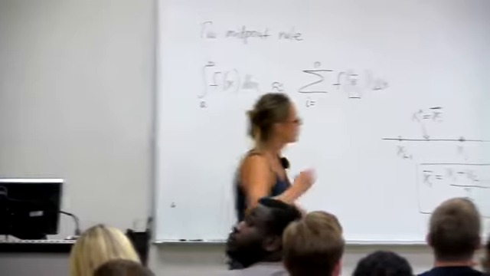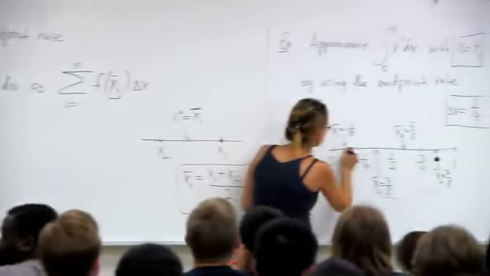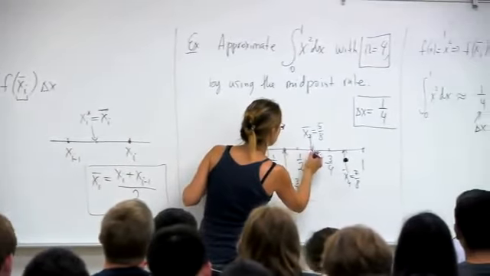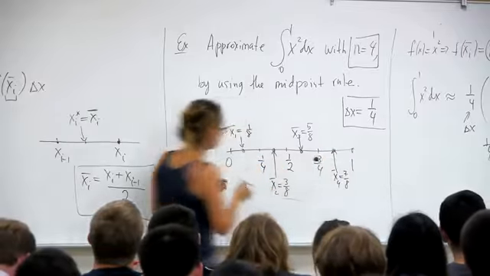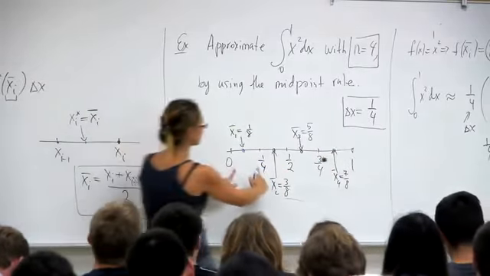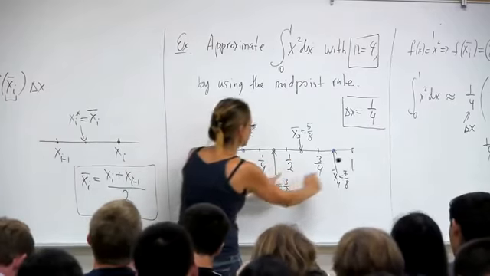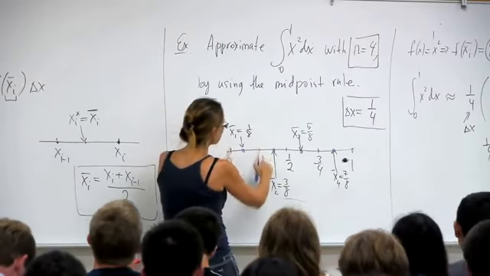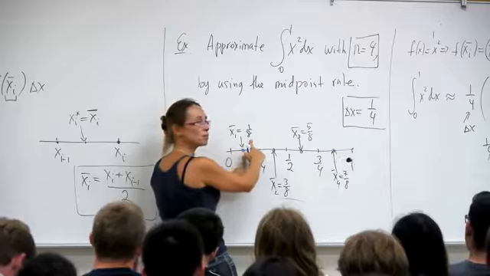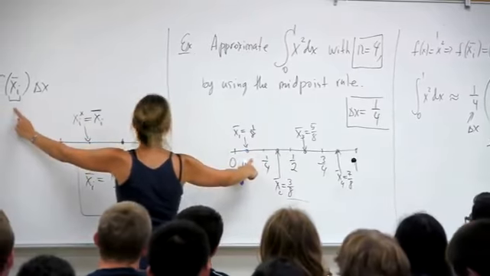So if I use a different color, inside each interval, I calculated the middle of that interval. So my first interval goes from 0 to 1/4. I only have 4 intervals, this, this, this, and this. For the first interval, the middle corresponds to 1/8. I have to evaluate my function at that point.